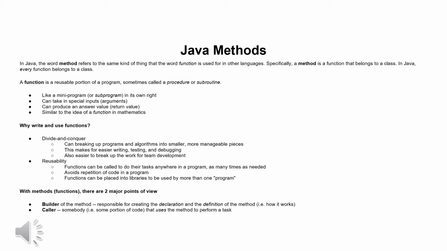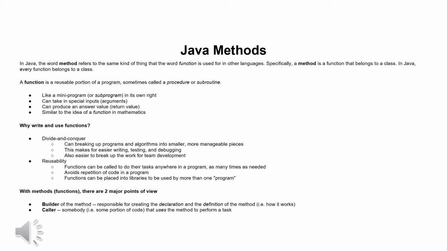So now that you know exactly what a method is, let's see why we write and use functions in C++ or methods in Java. The first reason is that when we use methods, we break down our program into small pieces.